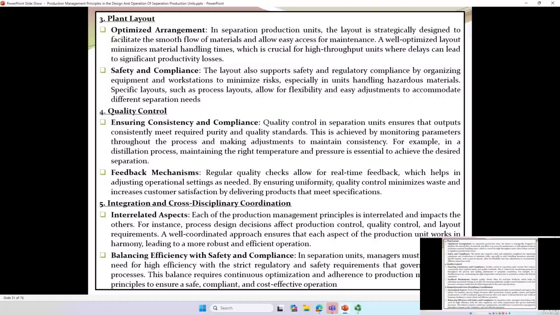Most times, units handling hazardous material are always located at the back of the company, right? Not at the front. Most times, they are not conspicuous, you cannot easily see them, right? That is what layout can do. So in planning any industrial establishment, because tomorrow maybe you are a production manager, the first thing to check is the layout of your company.